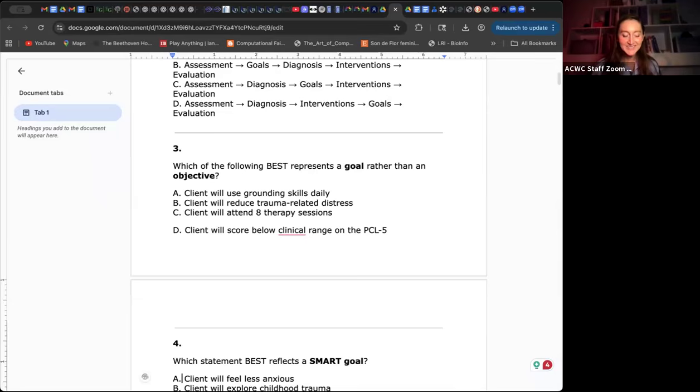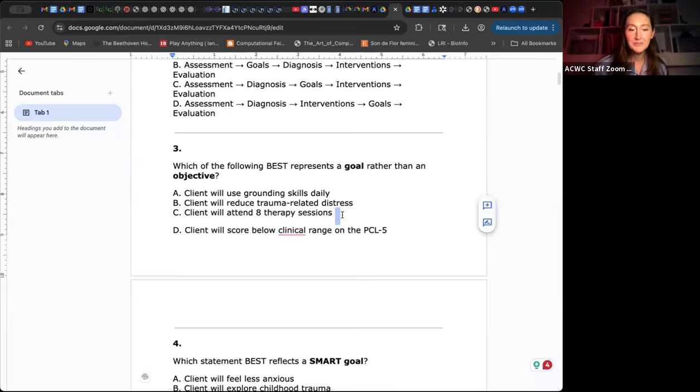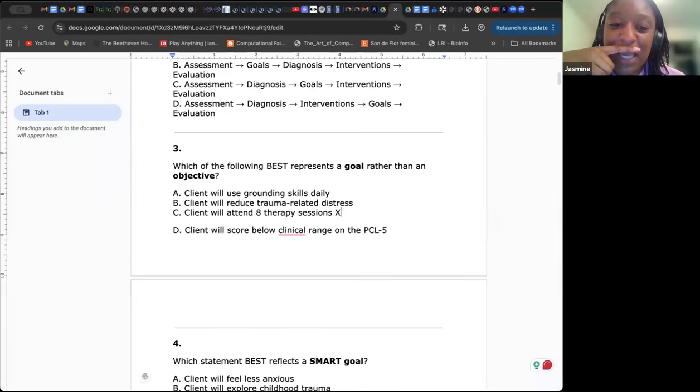Okay. I'm going to take out C. Yes, nice job. That's way too nitty gritty, right? Client will score below clinical range on the PCL5.